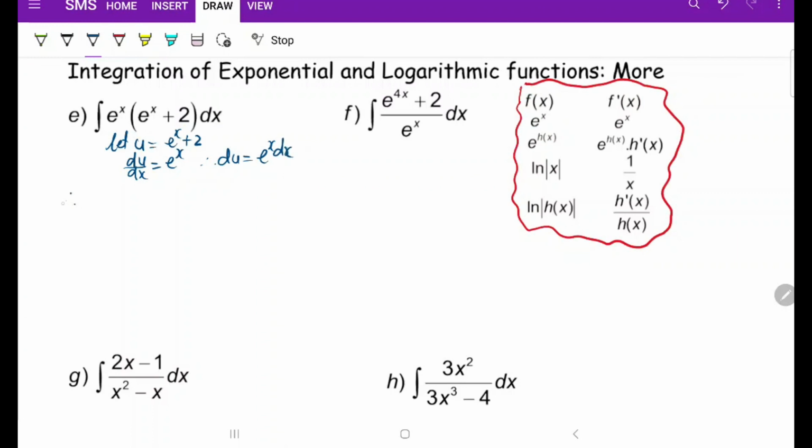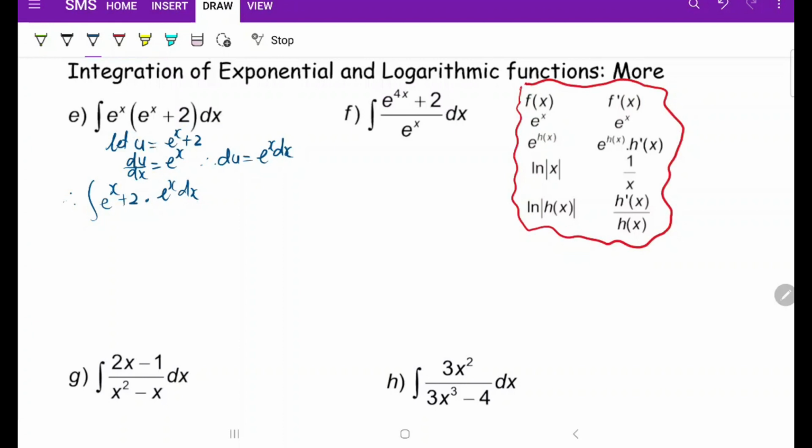So we can rewrite this integral as e to the x plus 2 times e to the x dx.